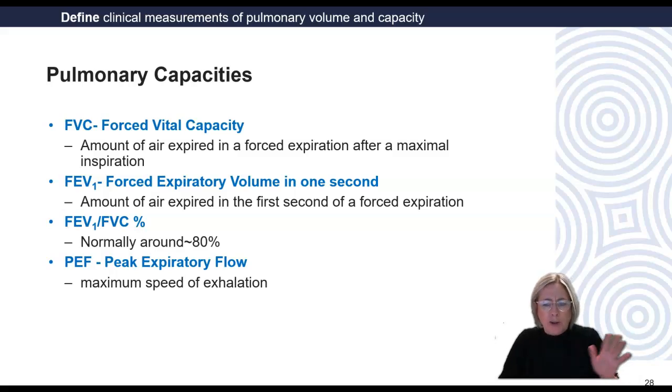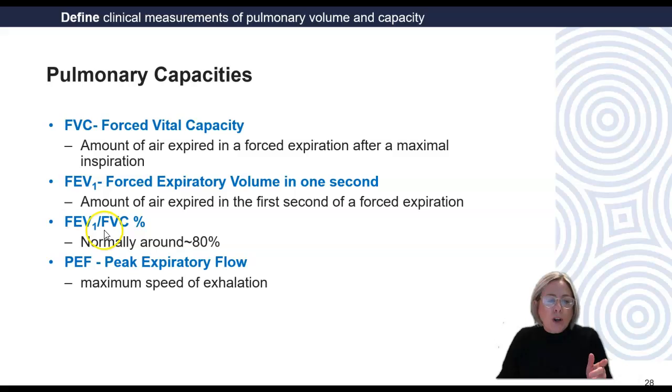There's a lot of these capacities, right? But this one's important because it's the amount of air that you can expire in the first second of one of these forced vital capacities. I'm going to come back to that in a minute because we do use this forced expiratory volume in 1 second, the FEV1, to diagnose what we call obstructive and restrictive pulmonary diseases.